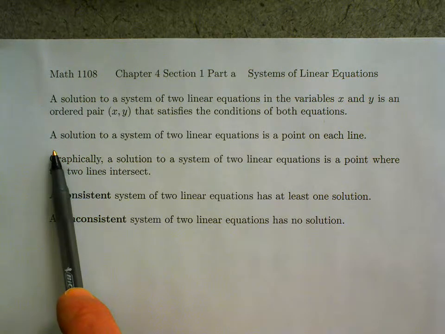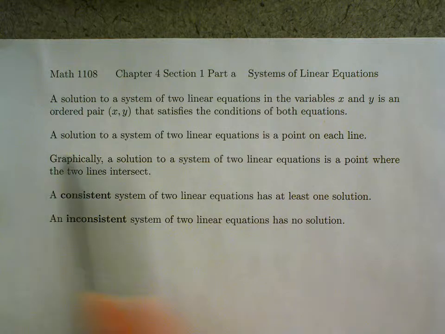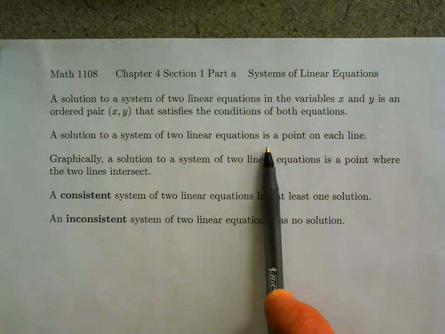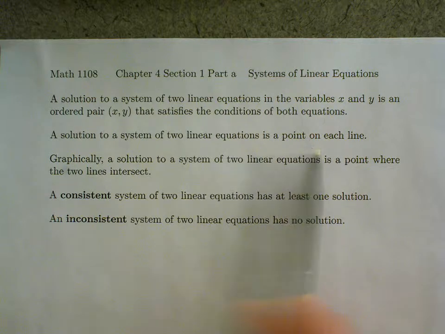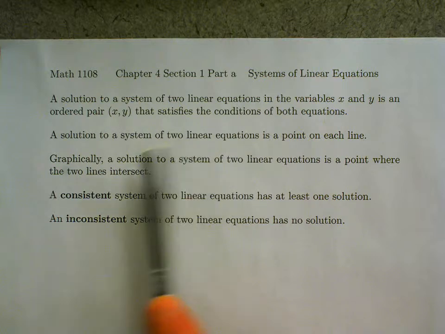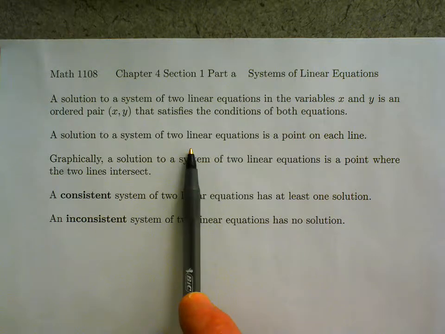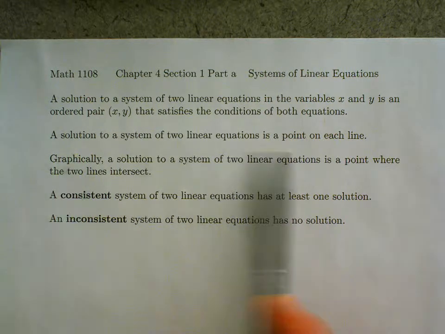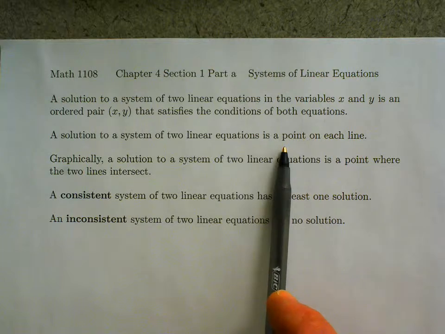We can also say a solution to a system of two linear equations is a point on each line. Remember, if you have a linear equation, you can graph it, and the graph is a straight line. So if a system of two linear equations has a solution, that solution corresponds to a point that is on each of the two lines.